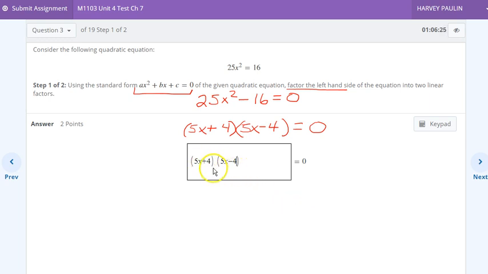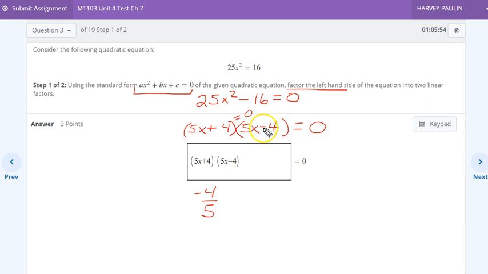Now, before we go on, they also want a solution for this. So as we solve these for a particular letter, we equal each of the factors to 0. So this factor equals 0, this factor equals 0. You transpose the 4, that makes it a negative 4. And then you're going to divide by 5.